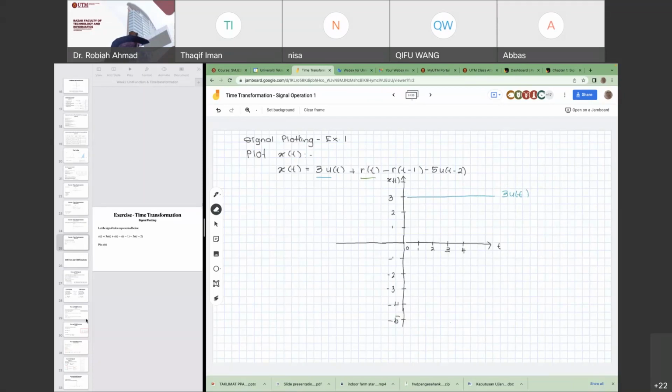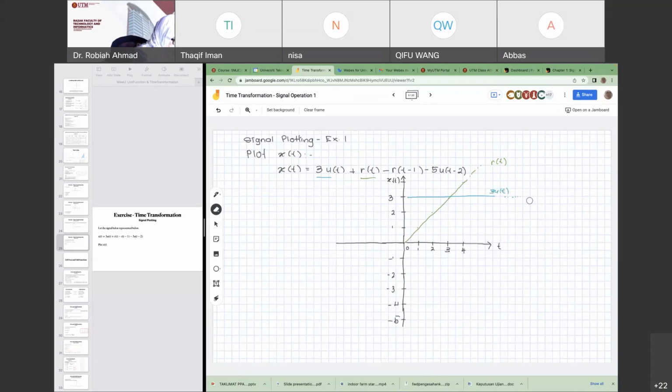So it will be a ramp. This is r(t). It actually continues, and the 3u(t) as well.